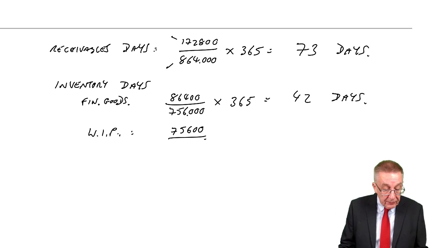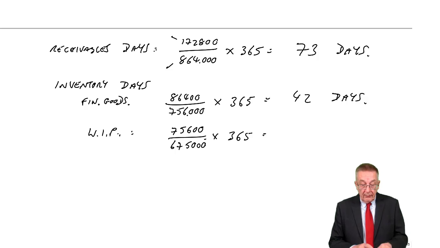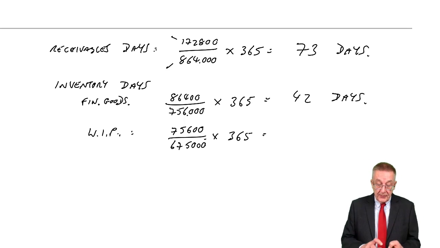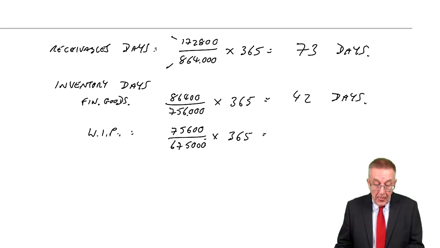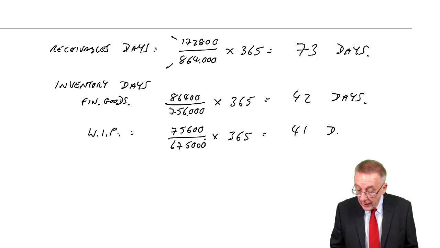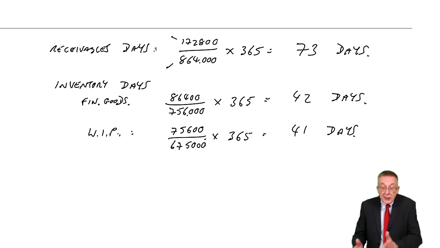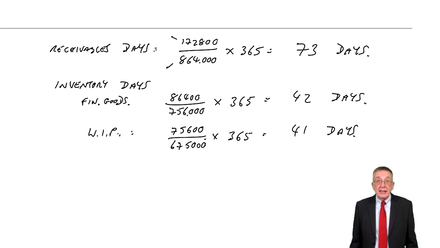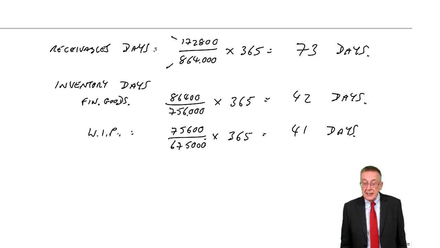And so divide by the cost of production, which is 675,000. $75,600 divided by 675,000 times 365. 41 days. Now these are part finished goods. The way to reduce that will be to produce faster. The faster we're making goods, the fewer items there'll be that are part finished at any stage.